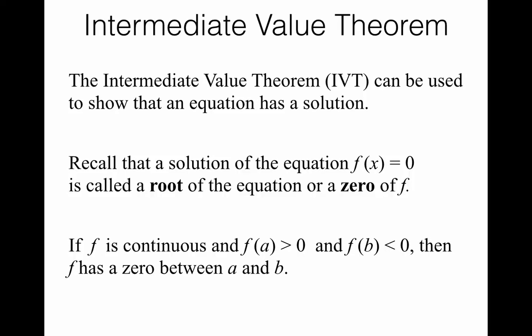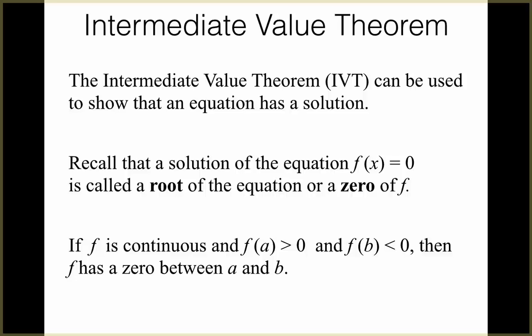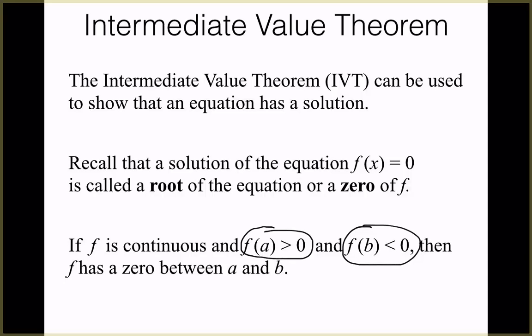So how does this work? If f is continuous and you can find a value where the function is positive, for example, suppose f of a is greater than 0. This means there's some point at x equals a where the function is above the x-axis. And if you can find a point b where the function is negative, then that corresponds to a point on the graph that is below the x-axis.